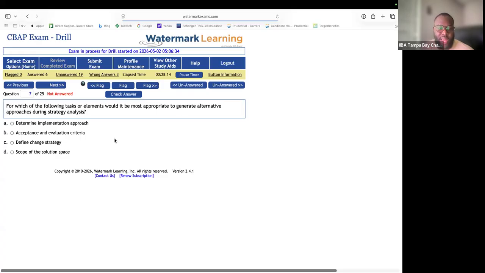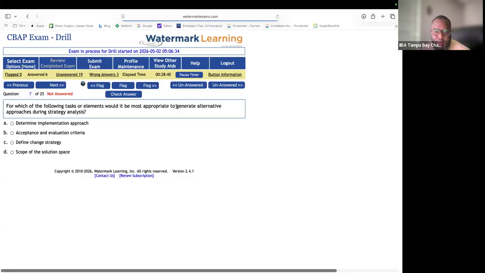For which of the following task or element will it be most appropriate to generate alternative approach during strategy analysis? A. Determine implementation approach, acceptance criteria and evaluation criteria. Define change strategy, scope of the solution space.